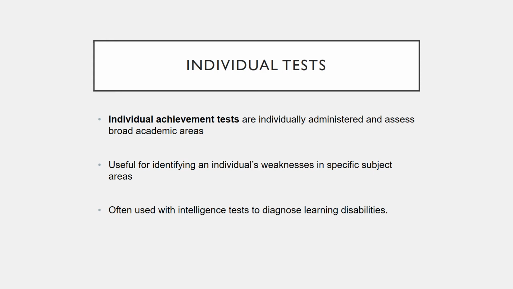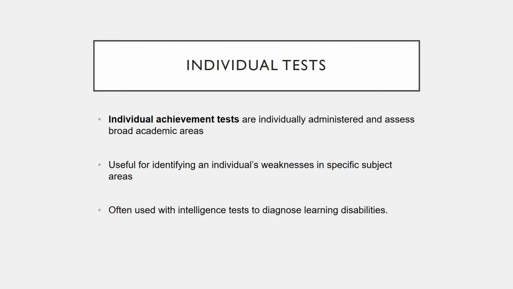And so usually they're used for diagnostic purposes to identify weaknesses in certain subject areas that might require interventions or different levels of support, or can be used with intelligence tests to be able to diagnose things like learning disabilities that would require IEP or 504 supports.